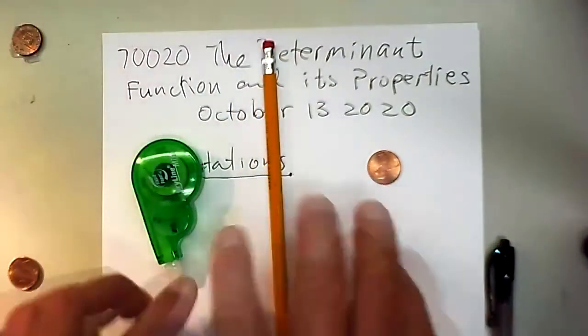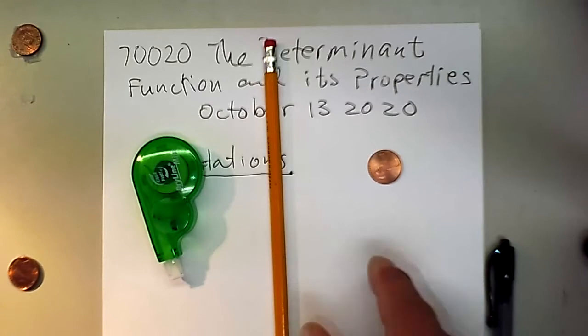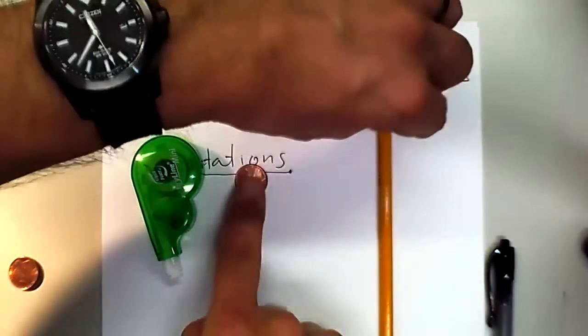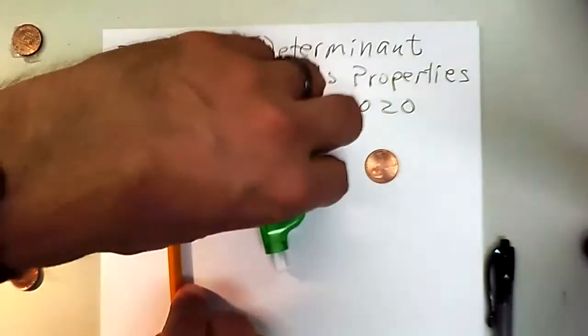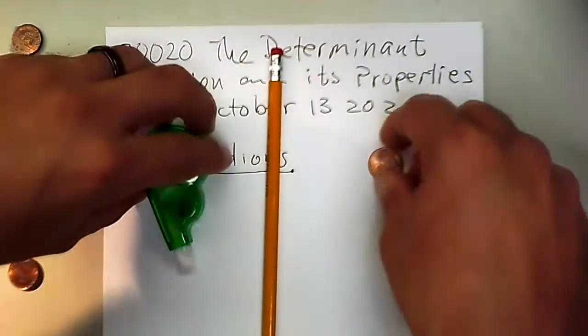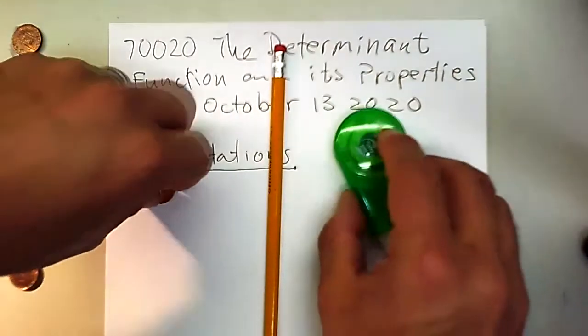So if you have three objects, there are six permutations because those two can swap. That's one permutation from the original. Or those two could swap. That's two. Or those two can swap. That's three.